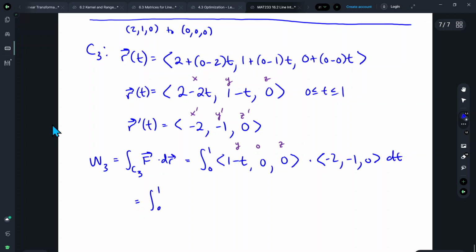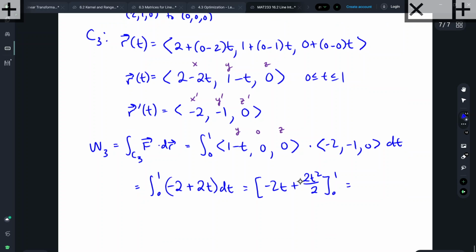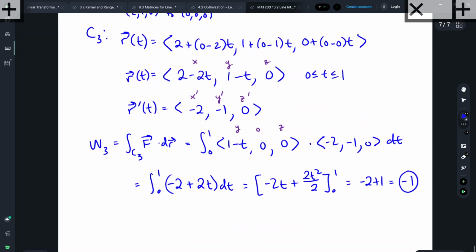So the dot product, these two components are 0, so we just get negative 2 times this, which is negative 2 plus 2t. And so the antiderivative is negative 2t plus 2t squared over 2, evaluated from 0 to 1. So plugging in 1, you get negative 2 plus 1. And then plugging in 0, you get 0 and 0. So overall, negative 2 plus 1 is negative 1. Okay, so that's the work over the third segment.